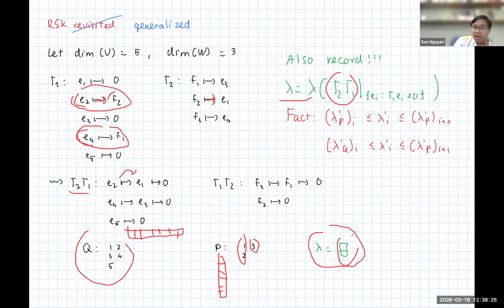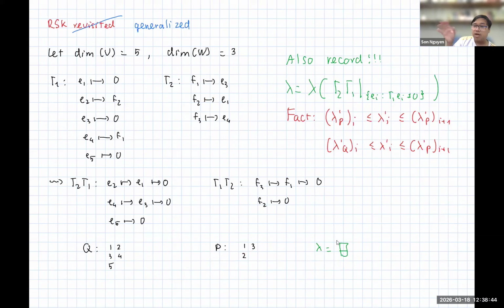So the first column of my lambda has to be somewhere between 2 and 1, and also somewhere between 3 and 2. And between 2 and 1 and 3 and 2, the only way I can do is 3. Okay. So my third partition is telling me P and Q can't be that far from my partition.